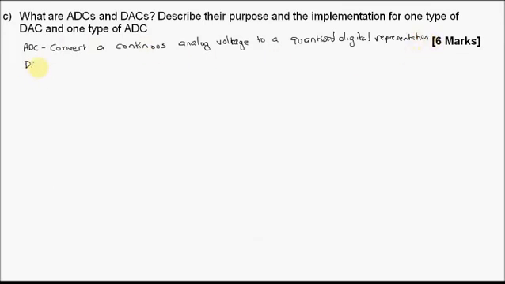For DACs, they convert a digital value into an analog, like continuous voltage.